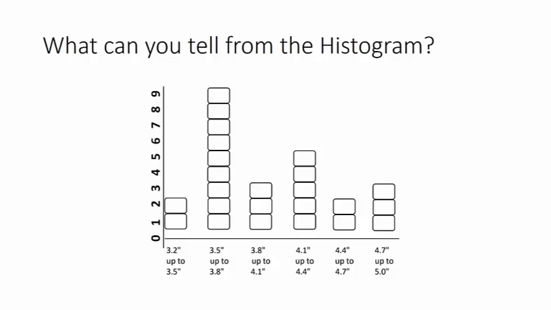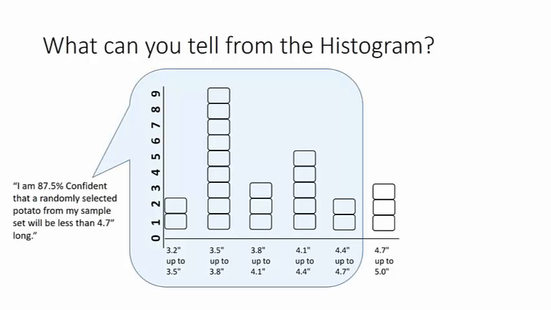One of them is what we call confidence intervals. So let's talk about confidence intervals. I can circle a whole bunch of ranges. This blue box circles all of the ranges: 3.2 to 3.5, 3.5 to 3.8, 3.8 to 4.1, 4.1 to 4.4, 4.4 to 4.7.